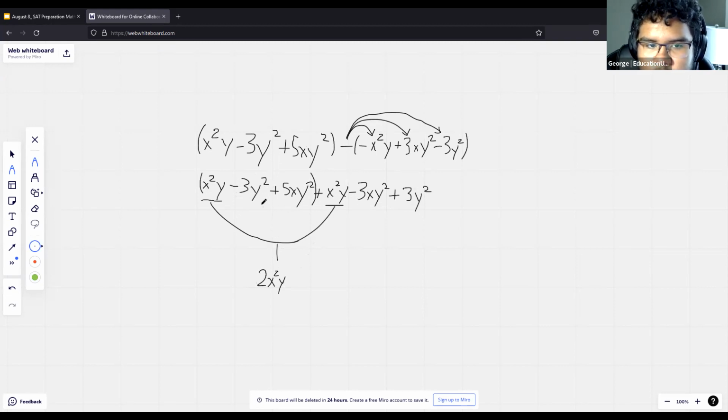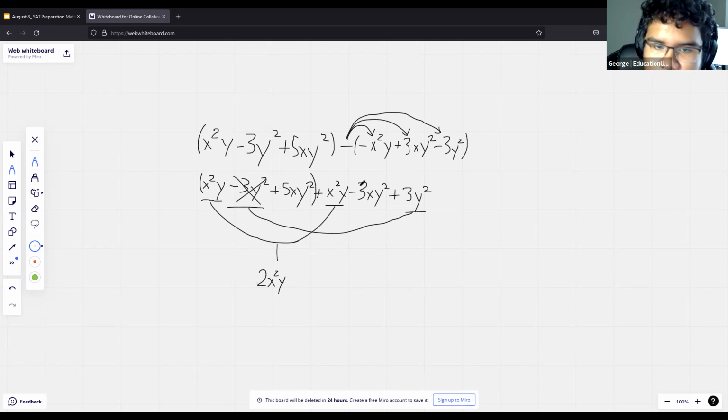And we do find one here, which is plus 3y squared. And what happens here is that when we add these two together, they actually cancel each other out, because we have -3y squared plus 3y squared. That ends up evaluating to 0. So they basically cancel each other out and don't contribute anything to the simplified equation.